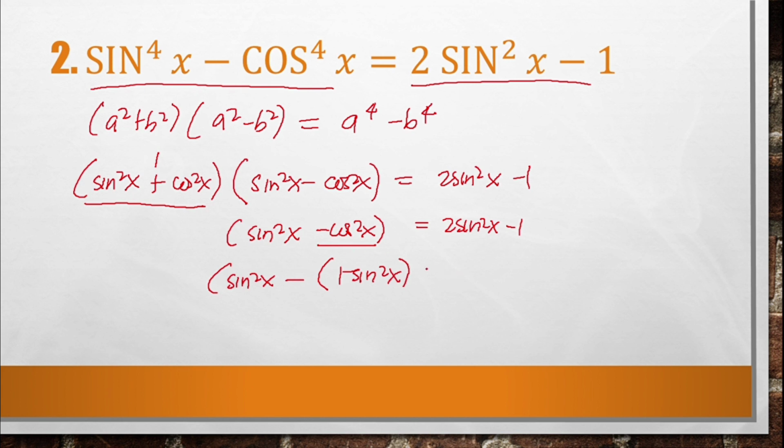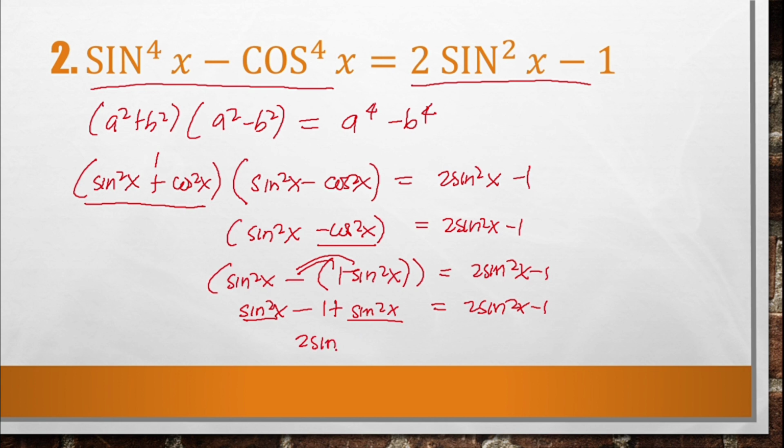This is the identity, is equal to 2 sine squared x minus 1. So sine squared x minus 1 distribute plus sine squared x is equal to 2 sine squared x minus 1. So sine squared x and sine squared x, it is 2 sine squared x. This negative minus 1 is equal to 2 sine squared x minus 1.